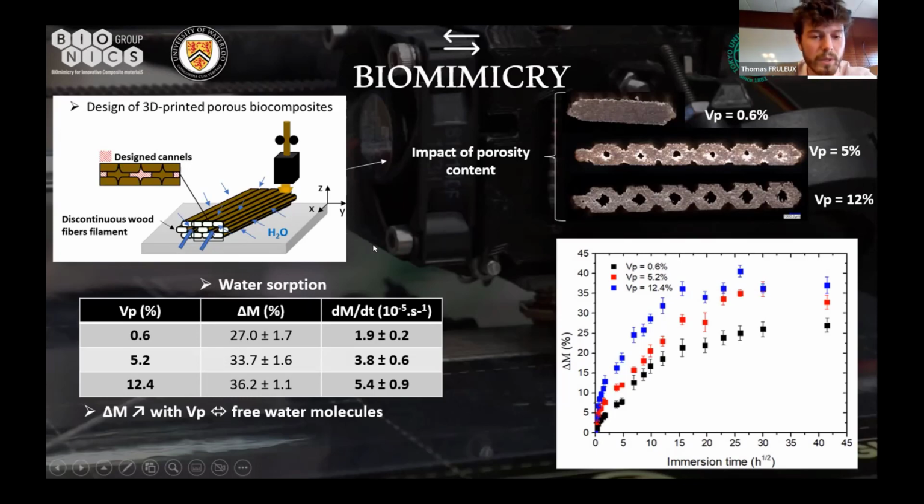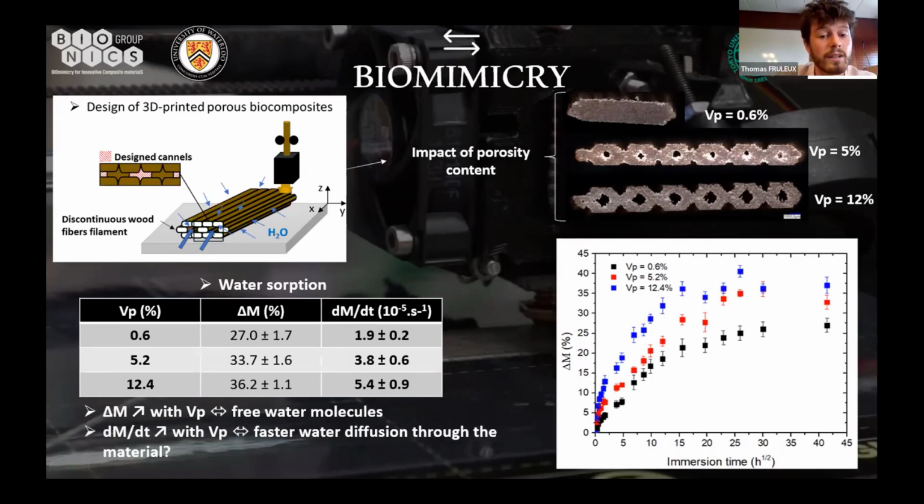But the point which is very interesting for us is the difference in kinetics of sorption, because we can see that for a very porous structure, we get a 3 times higher kinetic of sorption than for an unporous structure. And that might explain that the water can go through the tissue more quickly. And so that can help to get a faster kinetic of response in hygromorph biocomposites. So this is something that we definitely want to know.